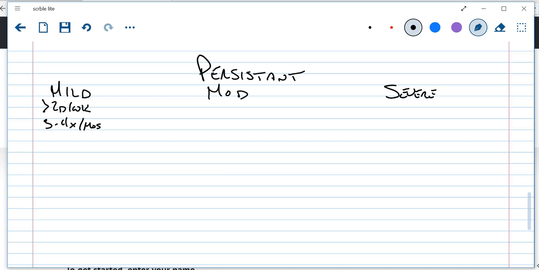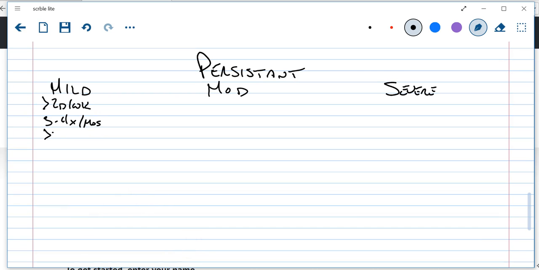Use of their albuterol, it'll be more than 2 days a week, just like above, but no more than 1 time on a day. Interference with normal activity is going to be minor.